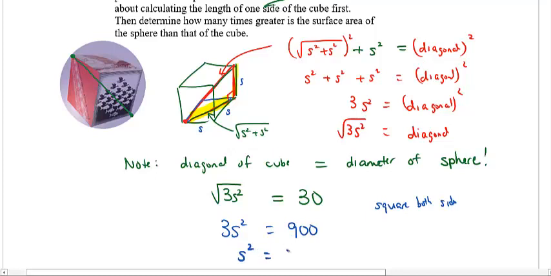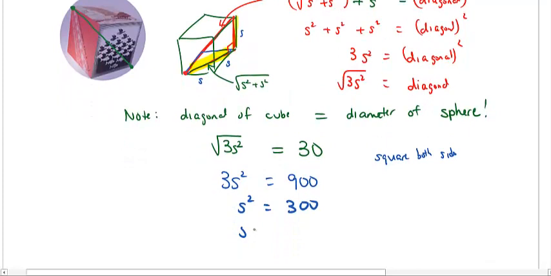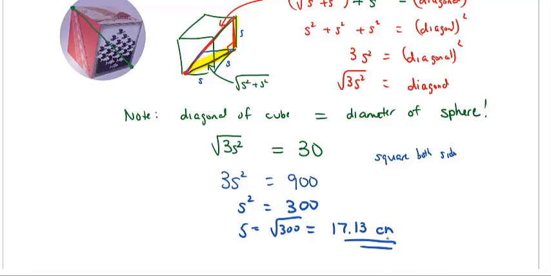S squared equals 300, or S equals the square root of 300, which is approximately 17.13. And this, of course, would be in centimeters. So this is helpful because now I can figure out the surface area of the cube, then the surface area of the sphere, and then I can answer the question of the ratio.